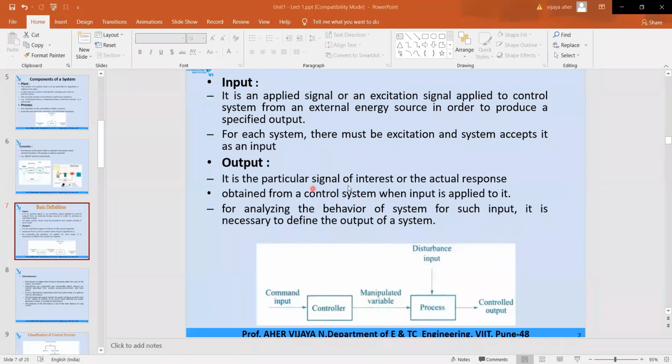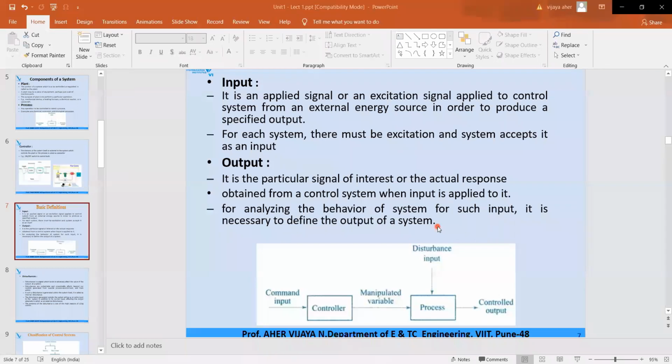It is the particular signal of interest or the actual response obtained from a control system when input is applied to it. For analyzing the behavior of a system for such input, it is necessary to define the output of the system.